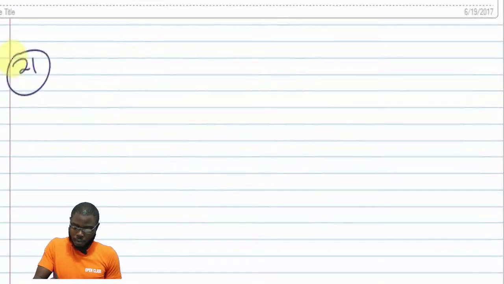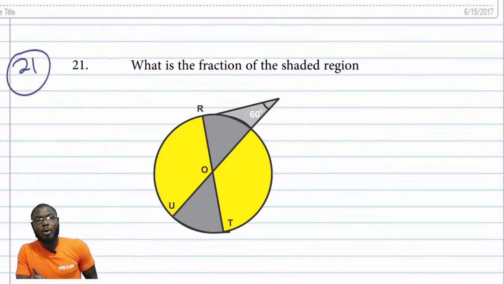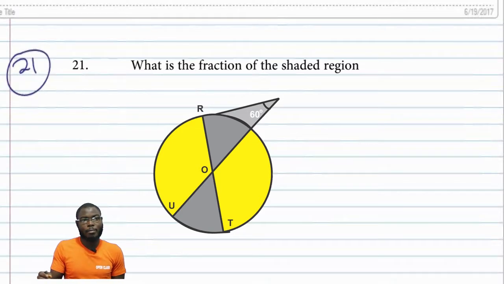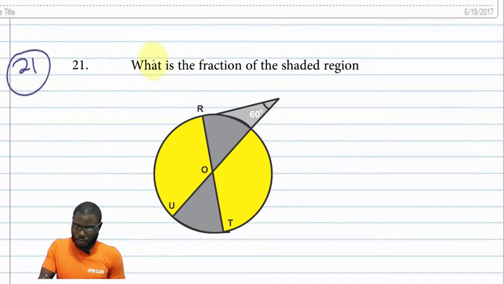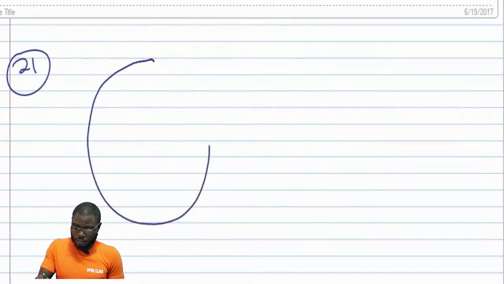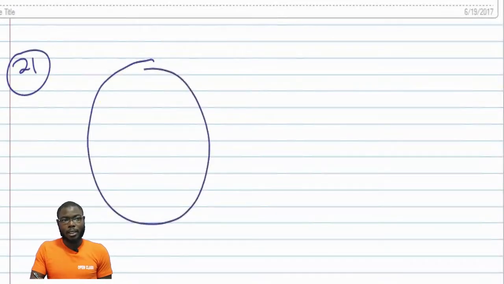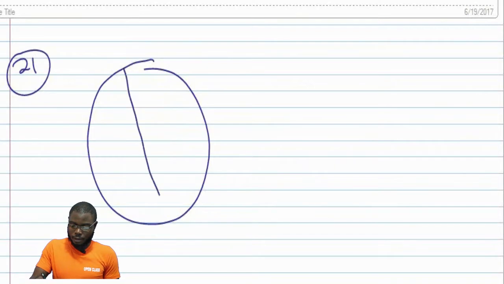21 says, what is the fraction of the shaded region? So we have a circle like that, then you have this. Okay, you have that.